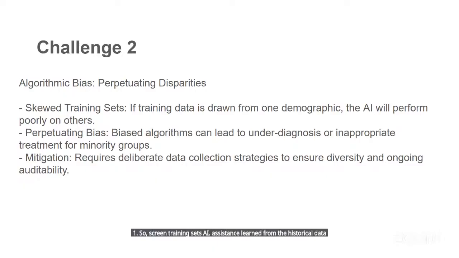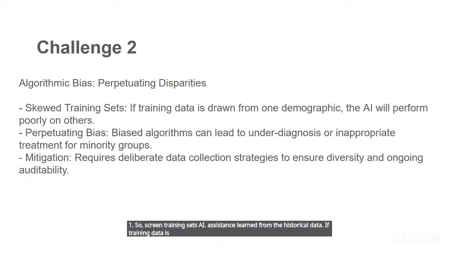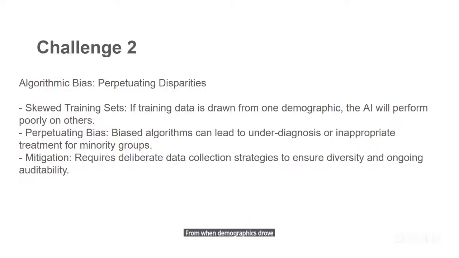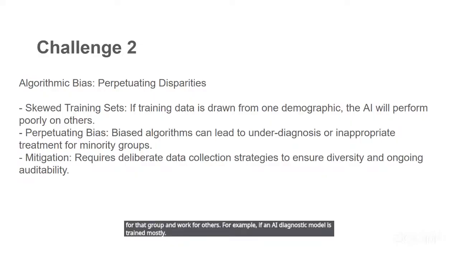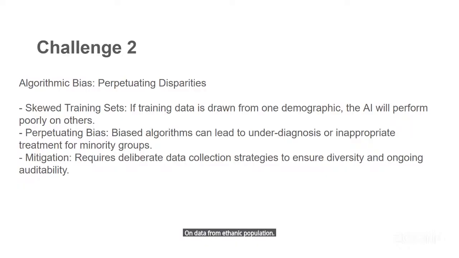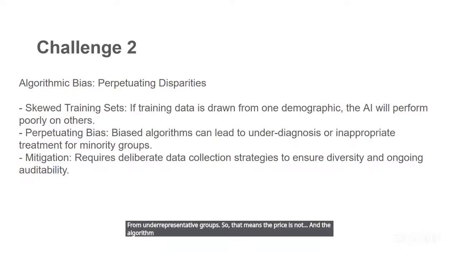If training data is drawn predominantly from one demographic group, the model will perform better for that group and worse for others. For example, if an AI diagnostic model is trained mostly on data from one ethnic population, it may fail to accurately diagnose patients from underrepresented groups. So that means the bias is not in the algorithm, it's in the data.